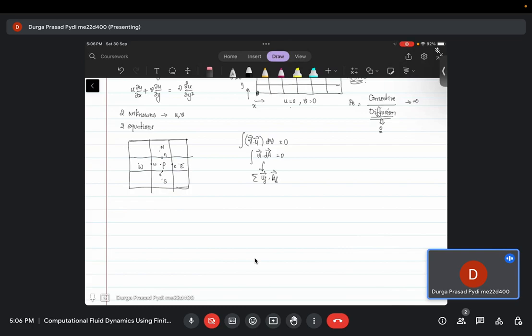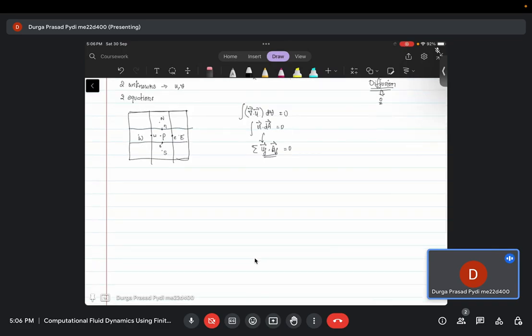Now on the faces, for the P-th cell, we have u east times the area for the east face. If this is delta y and this is delta x, and say it is a uniform grid, the area will be perpendicular to it, so it will be u east times delta y.